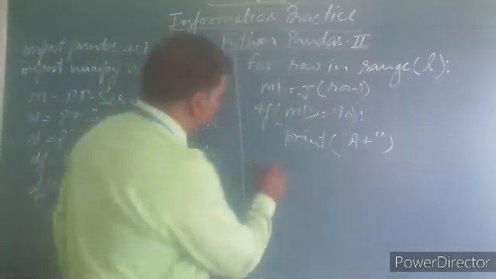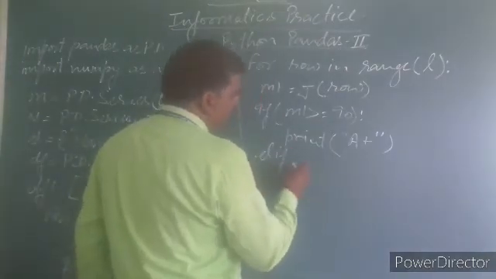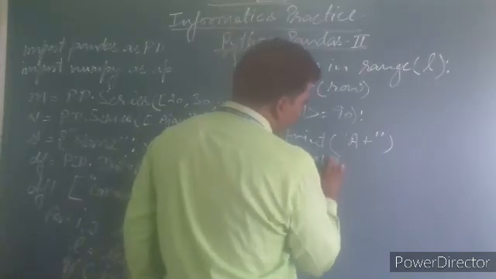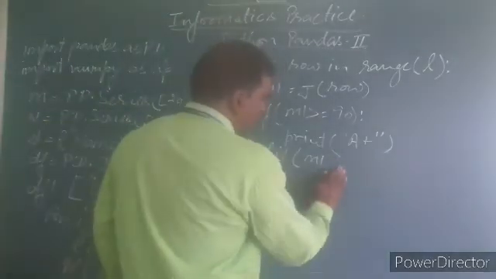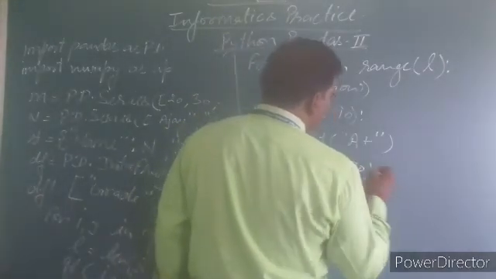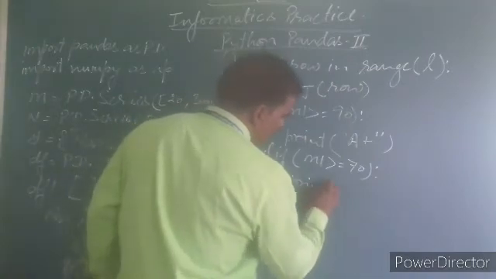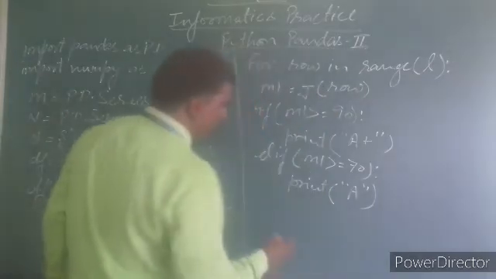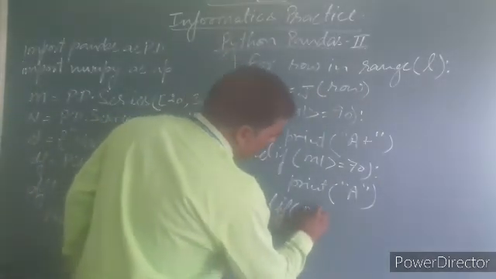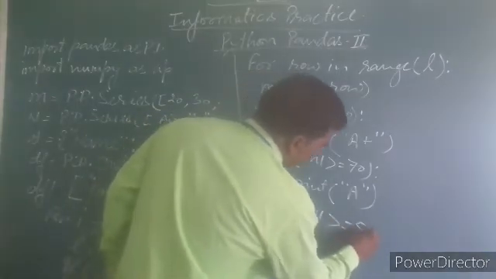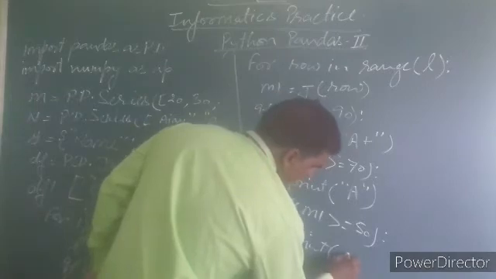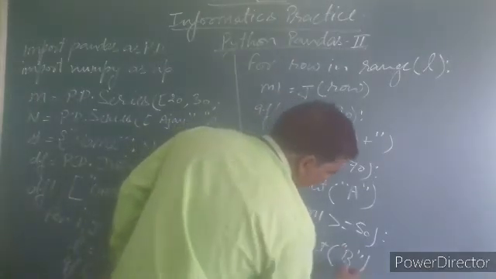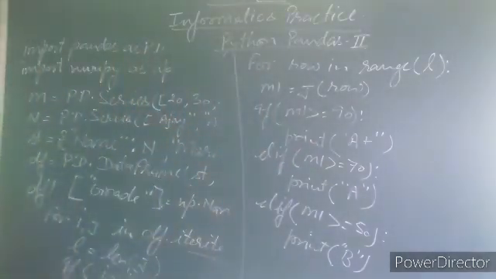After that, elif, check, M1 is less than 90, or you can directly write M1 is greater than equals to 70, then print A grade. elif M1 is greater than equals to 50, then print B. So according to that you can give the grades.